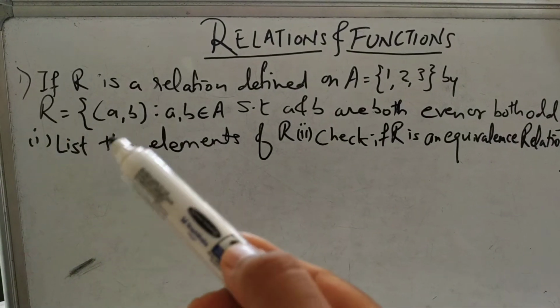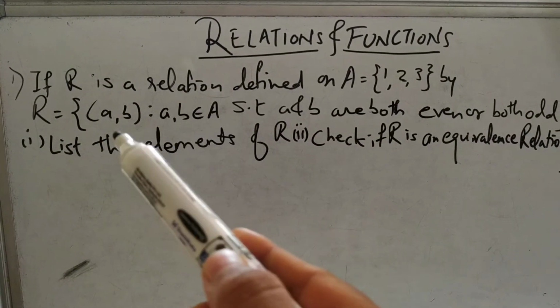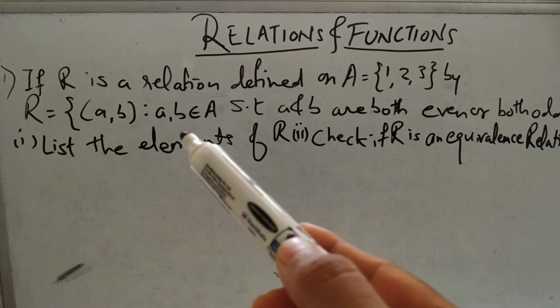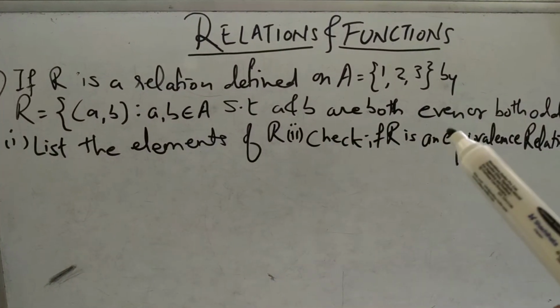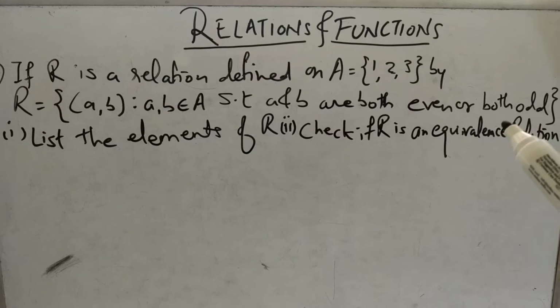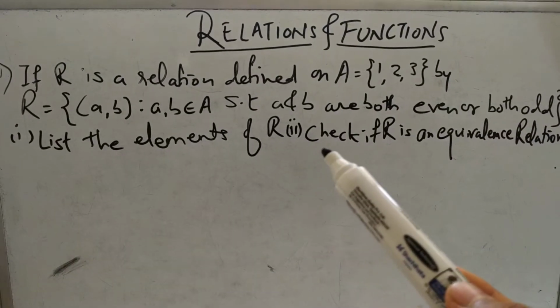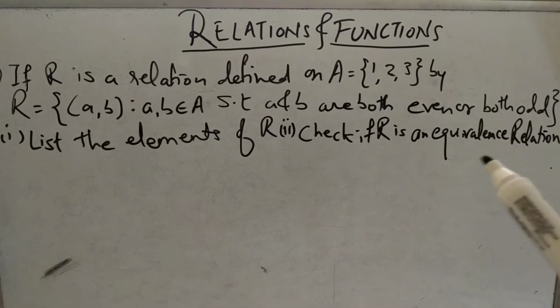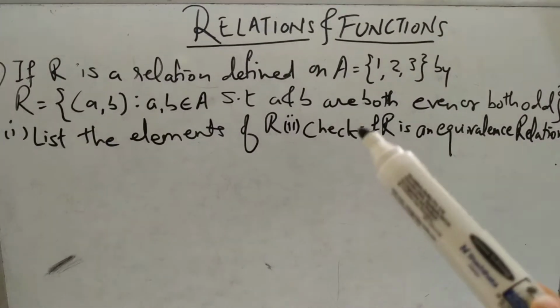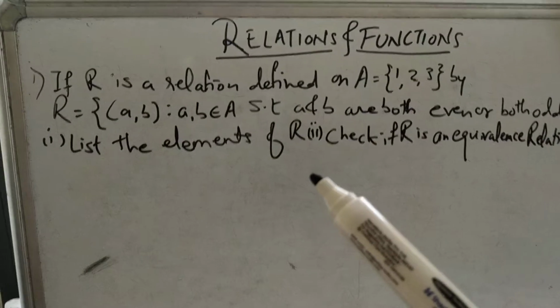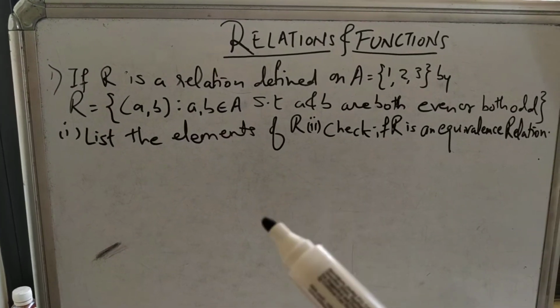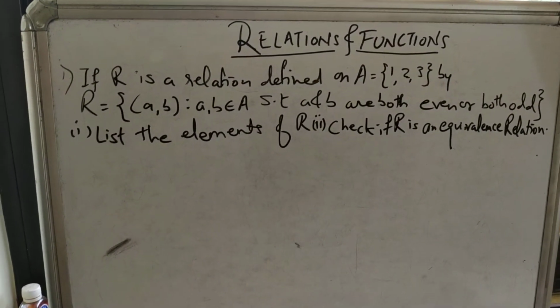The first question: list the elements of R. Second question: check if R is an equivalence relation. That means we have to check whether the relation is reflexive, symmetric and transitive.